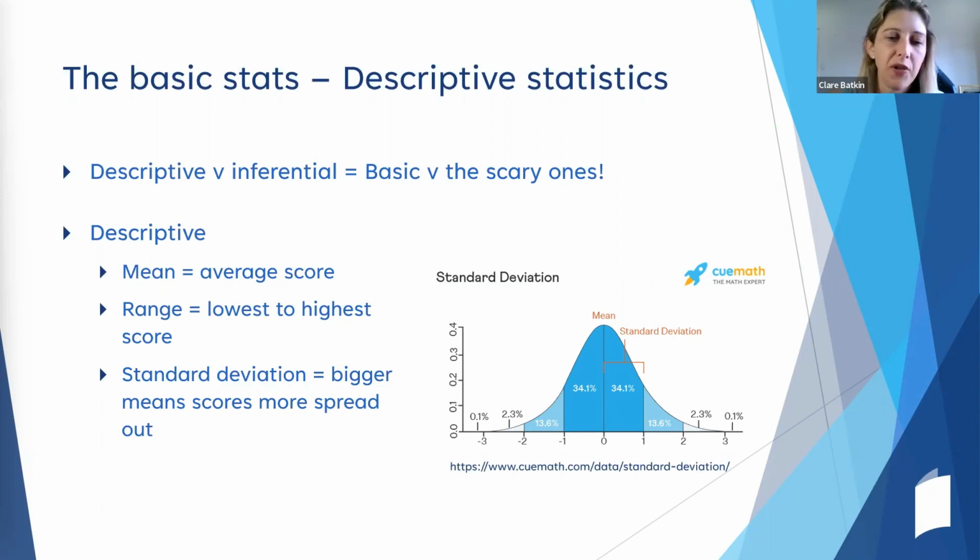So for example, if the tallest OT was 190 centimeters and the shortest was 150 centimeters, then the range would be 40 centimeters. The reason sometimes you'll see that in journal articles is just so you can see how much variety there was in the scores. Was everyone getting a really similar score, or were there big differences between the highest and lowest?